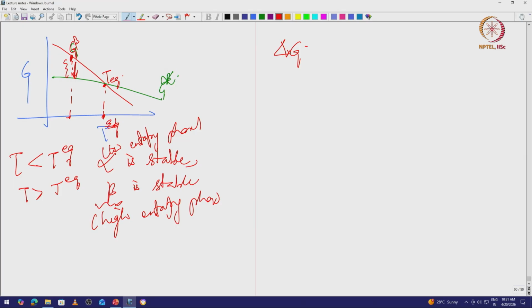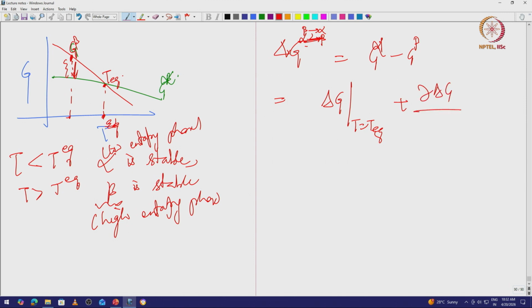Okay. So, delta G for the beta to alpha phase transition is equal to G alpha minus G beta, right, and G alpha minus G beta is delta G at T equal to T equilibrium, that is equal to 0, plus d delta G by dT times delta T. This is the same Taylor expansion that we did earlier.